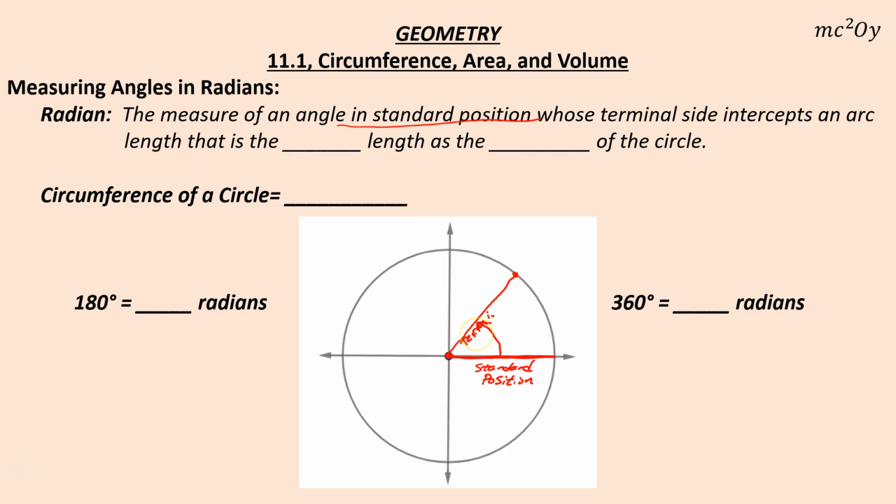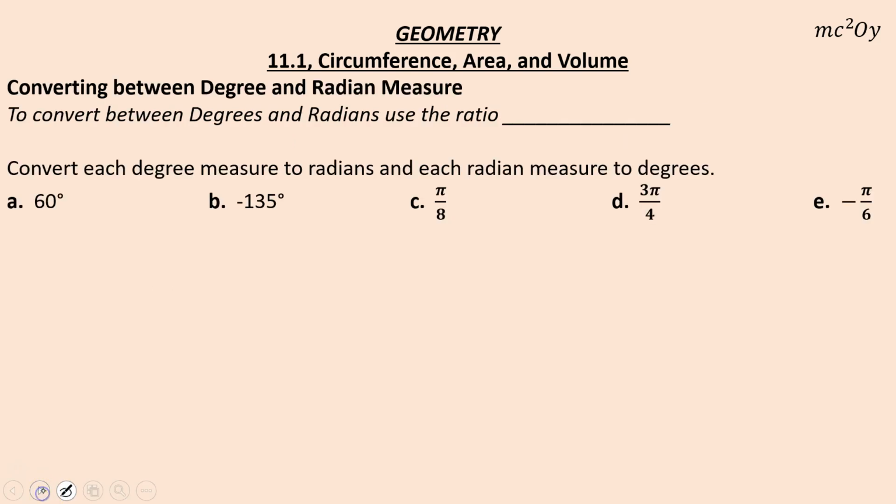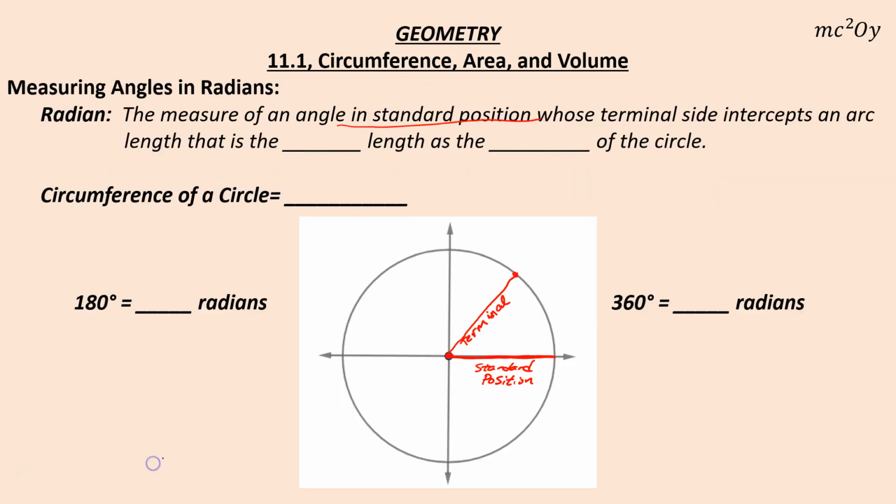Let's switch up colors for the sweep of the angle there. Okay, so there's my terminal side. So we've taken this angle and rotated it a certain amount to a terminal side.